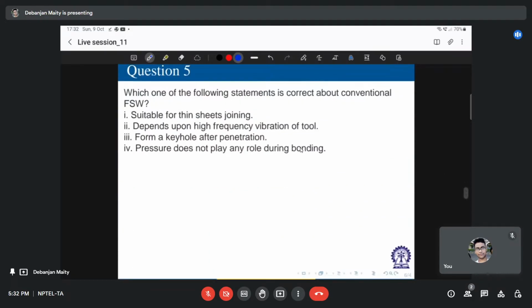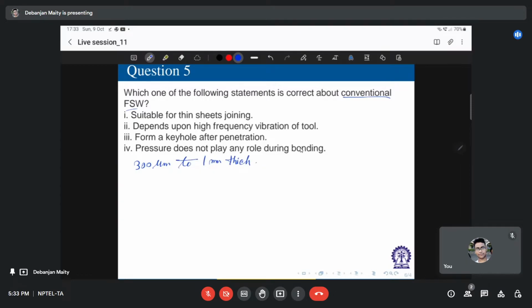In the next question, it says, which one of the following statements is correct about conventional friction stir welding? I have intentionally mentioned conventional friction stir welding because there is a welding technique called micro friction stir welding, which is specifically designed to weld thin sheets, ultra thin sheets, maybe from 300 micron to 1 mm thick material.